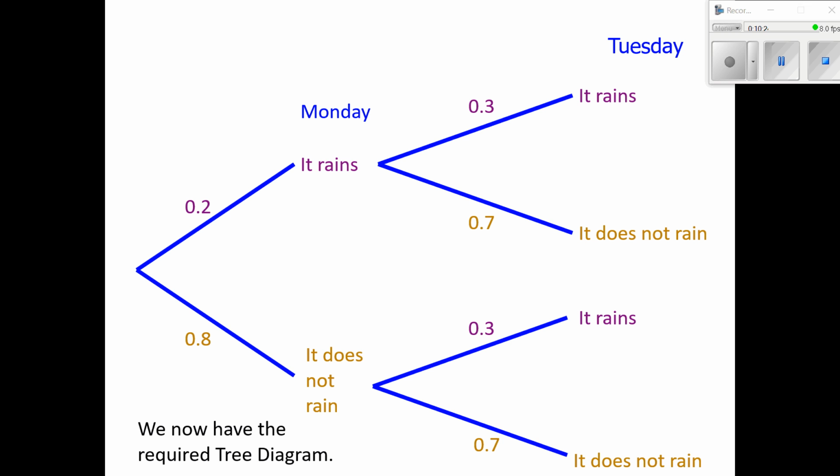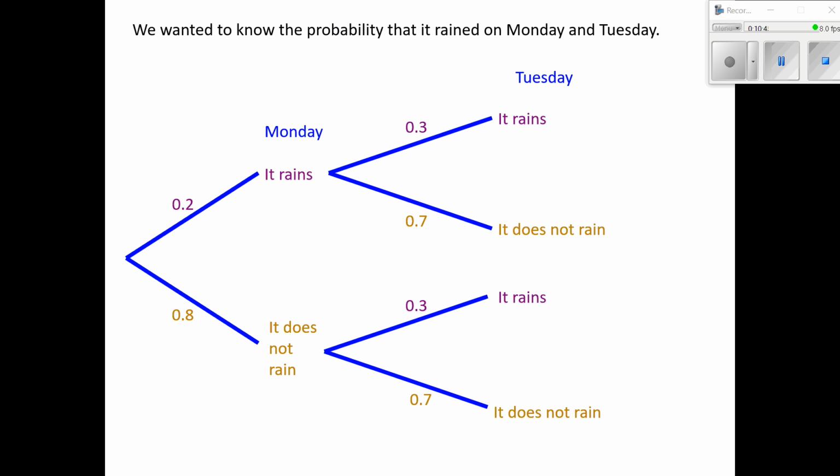So that there is your tree diagram for Monday followed by Tuesday. It rains, it doesn't rain on both days. So this is our decision tree, probability tree diagram. So let's go through the different options. It rains on Monday, followed by it rains on Tuesday.